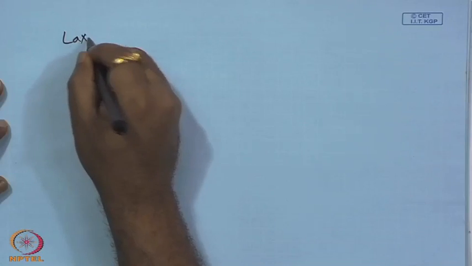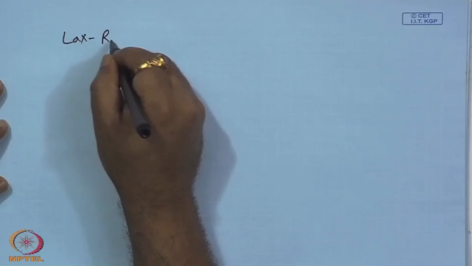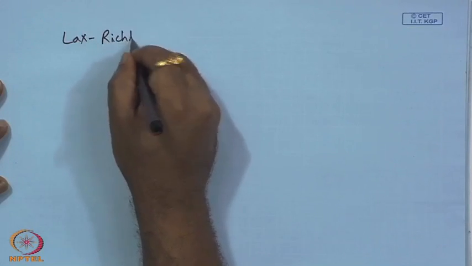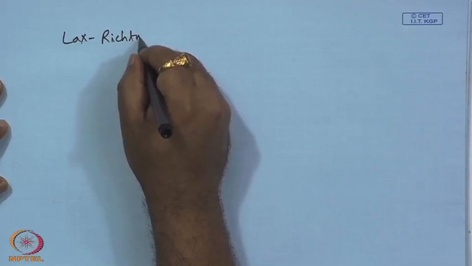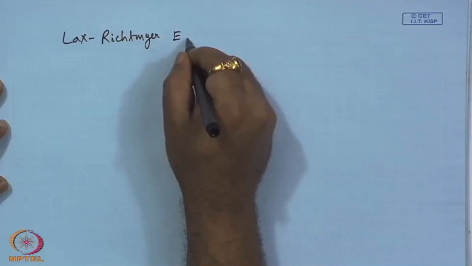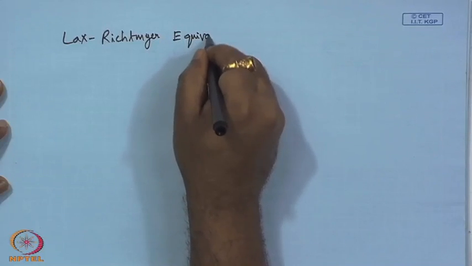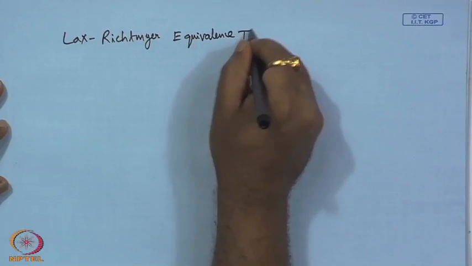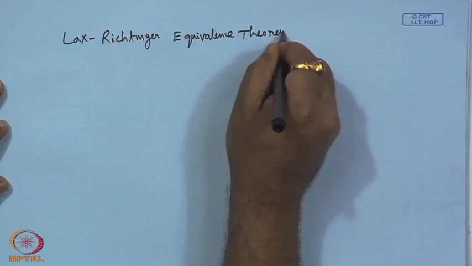Okay. So, let us see which ensures what. Okay. So, the theorem is Lax Richtmeier equivalence theorem.